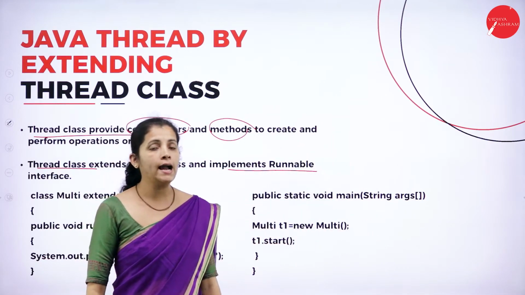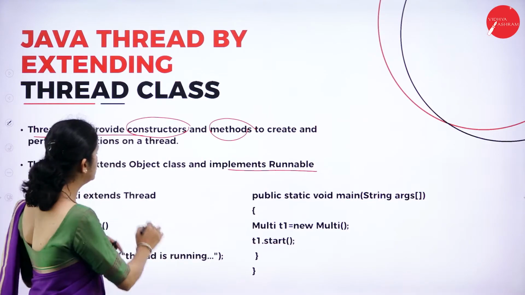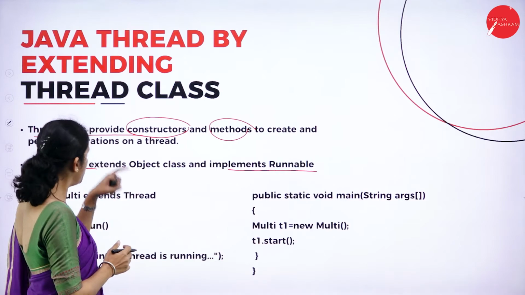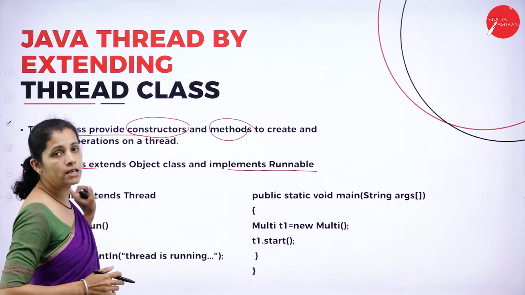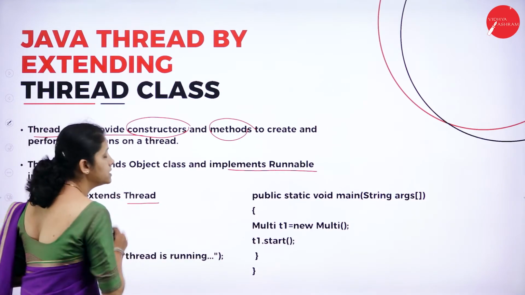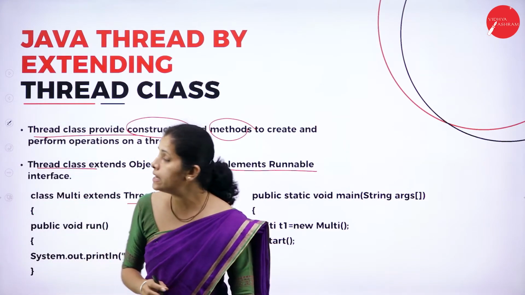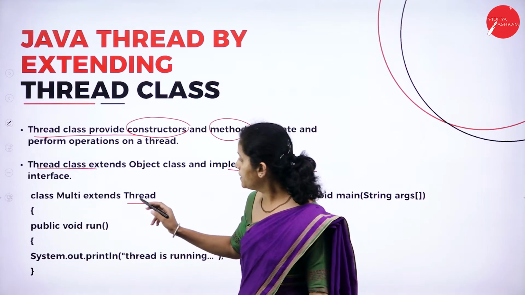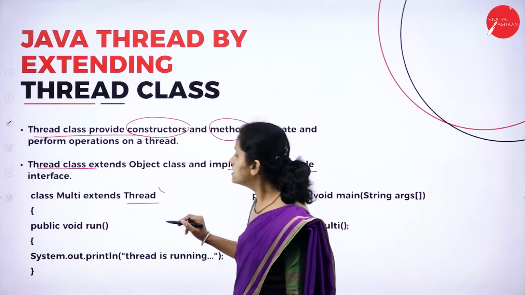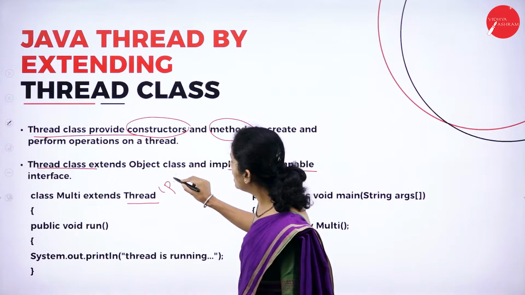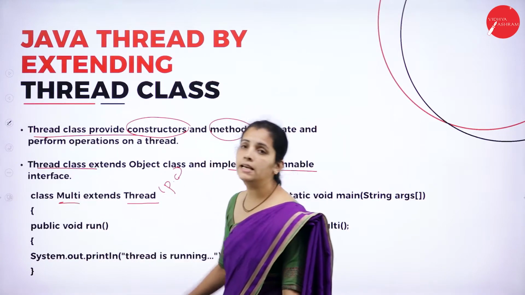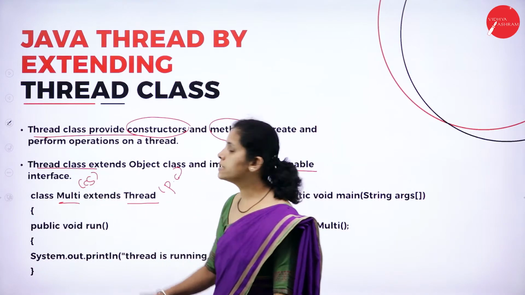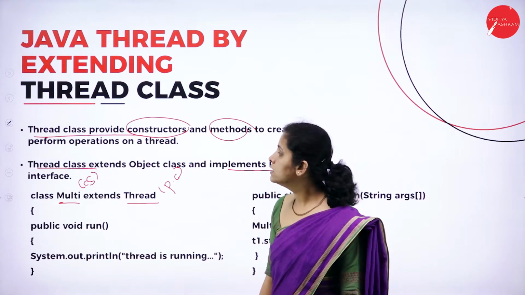As we know, the Thread class is a built-in class, and I'm going to make use of the Thread class in my program. For that reason, I'm going to extend the Thread class in my class. Now this Thread is my parent class, and this Multi is my child class.